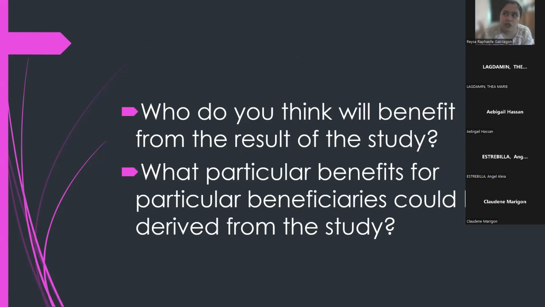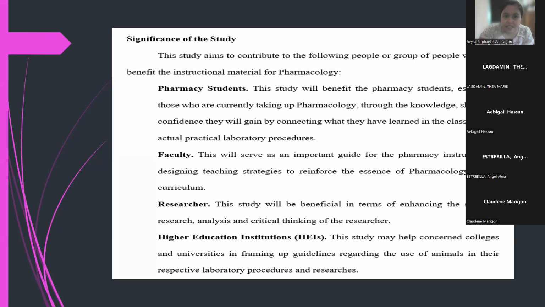The first thing that you need to do is to identify the person, the group of people or the organization that will benefit from your findings. And then after identifying them, you also have to identify the specific benefits that they can get in your research. So this is how the significance study looks like.